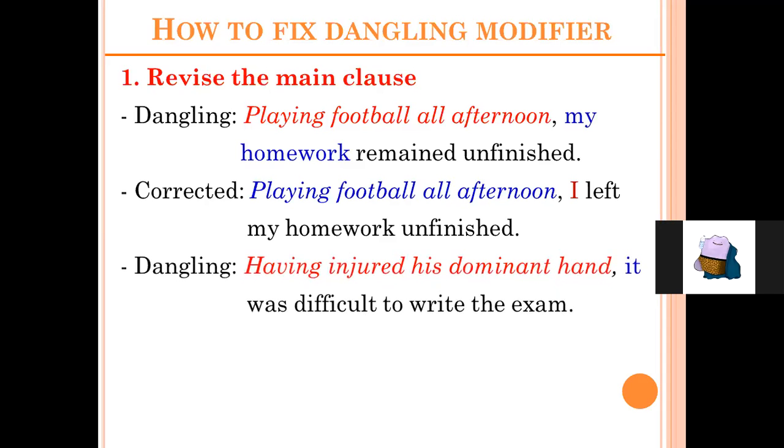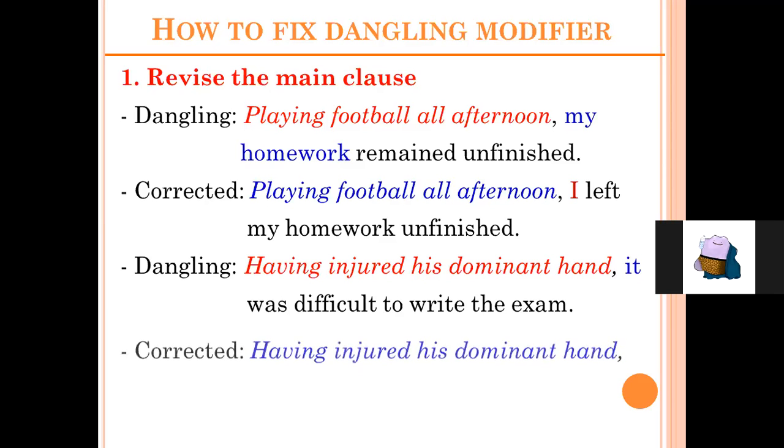One more: having injured his dominant hand, it was difficult to write the exam. So who had injured? No one, because the subject is "it". That's why it is called dangling.